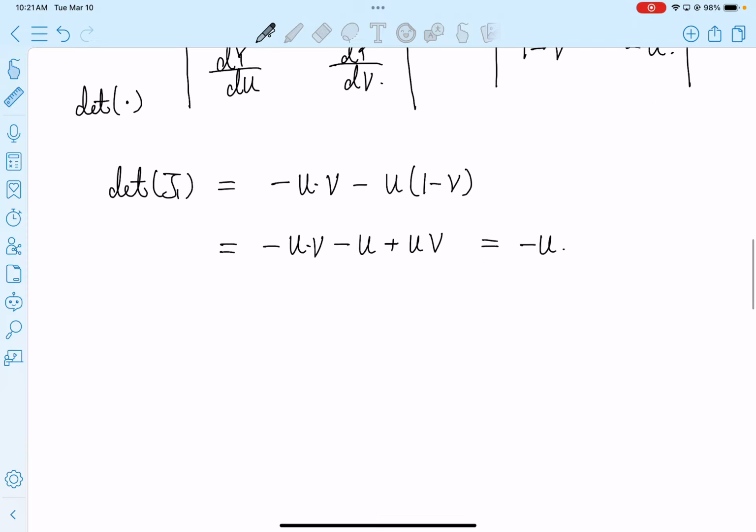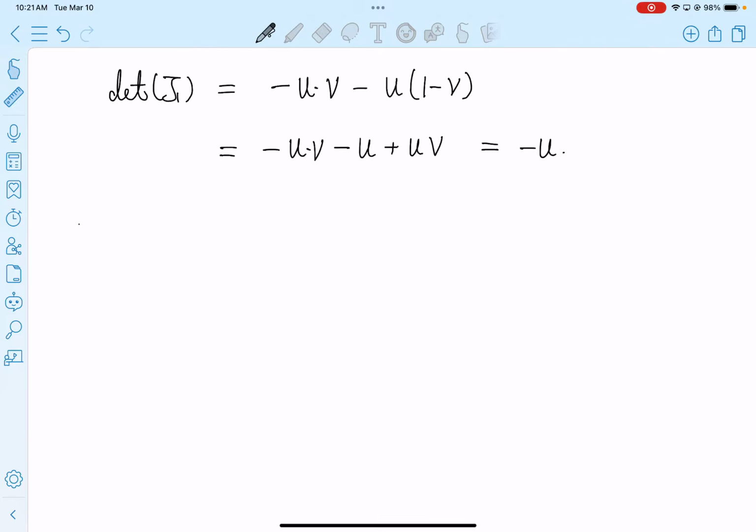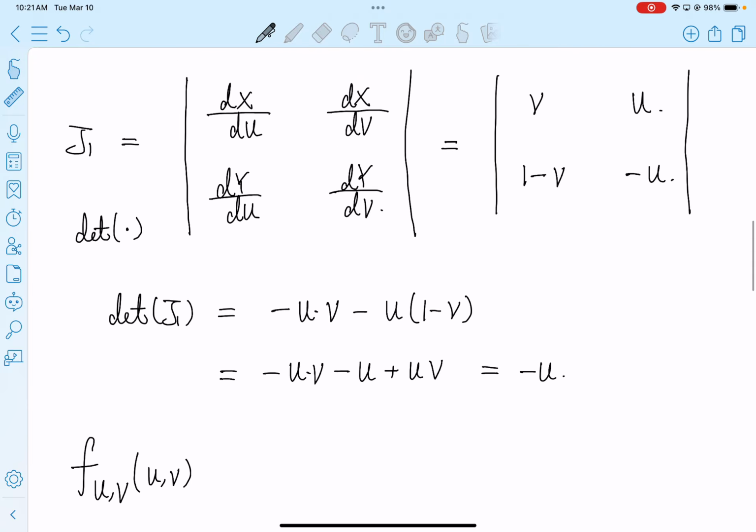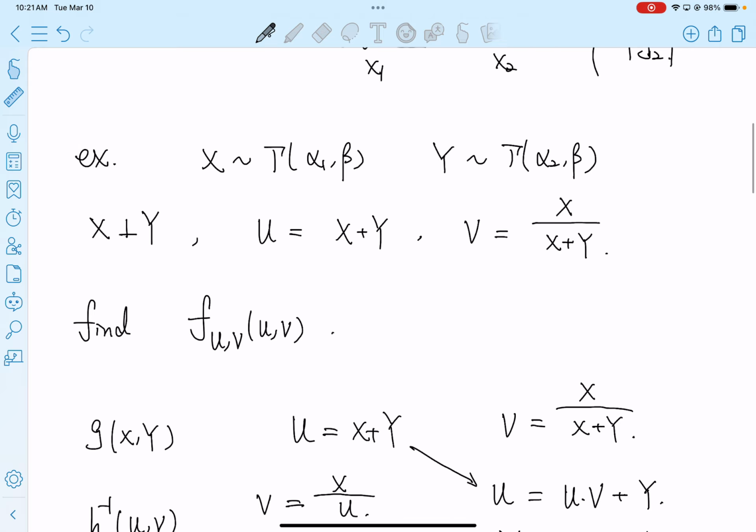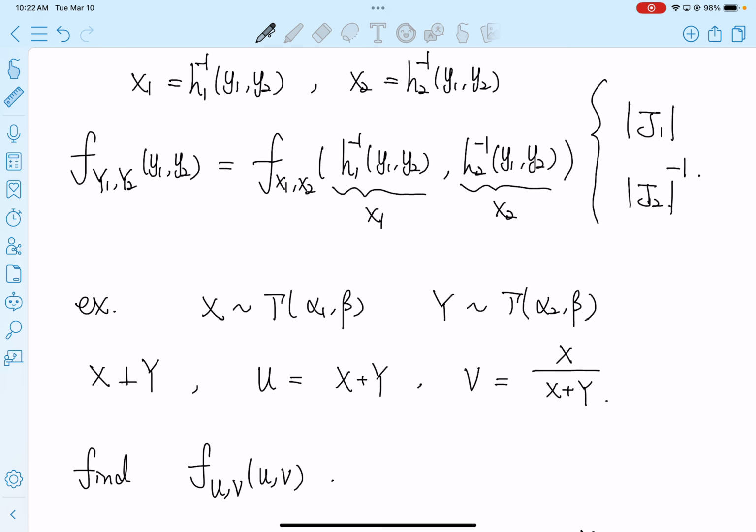Okay, once we have the Jacobian, let's get the joint density function for u and v. To get the joint density function of u and v, let's refer back to the formula. We need to use the joint density function for the original random variables x1 and x2.